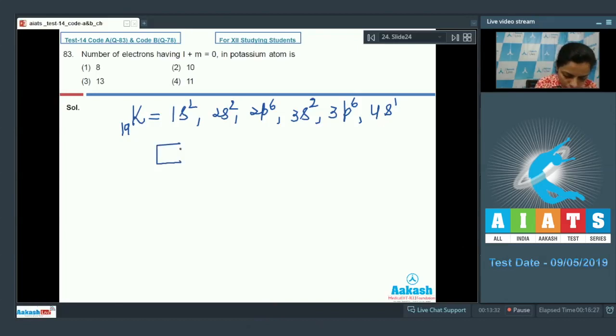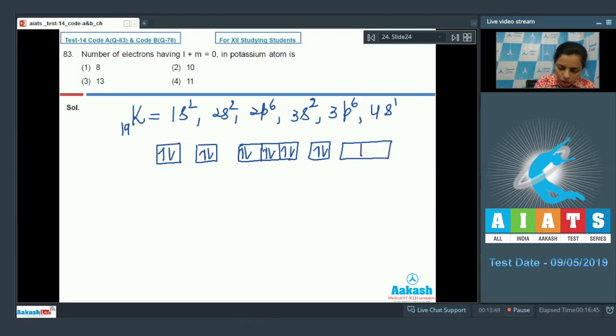Let's represent these electrons in orbitals. This way we can represent them. Six electrons are here, all paired. Further, again the 3p orbital. Now if I talk about the s orbital, for the s orbital the L value is 0, and if the L value is 0, the M value, which goes from minus L to plus L, will also be 0.